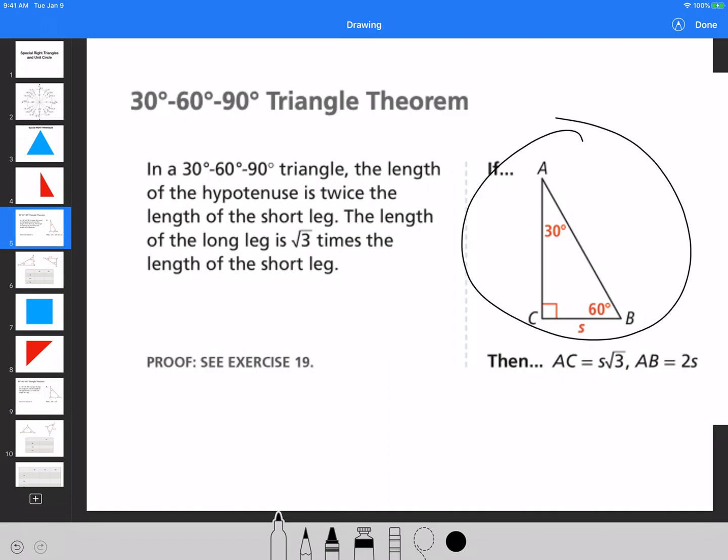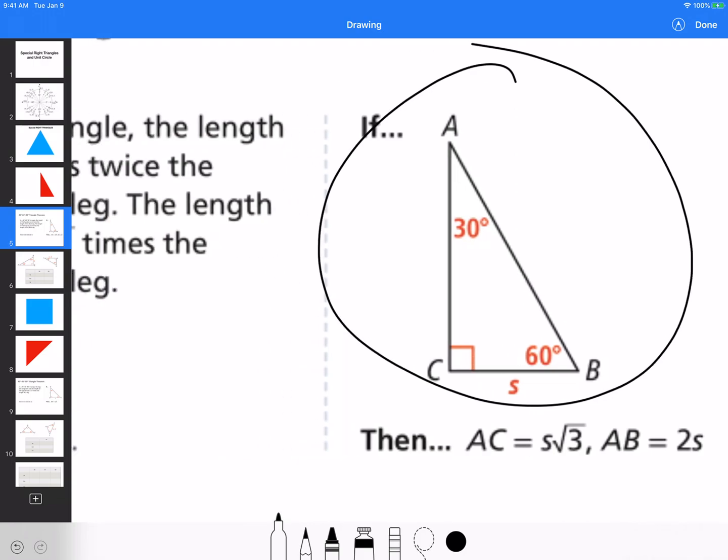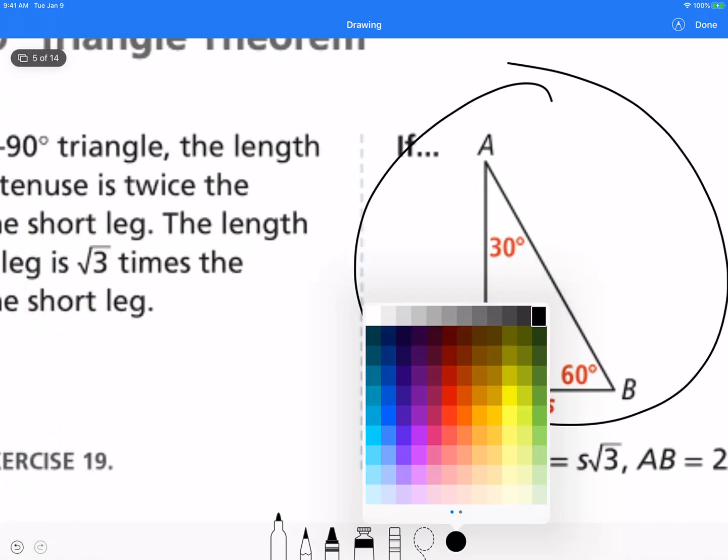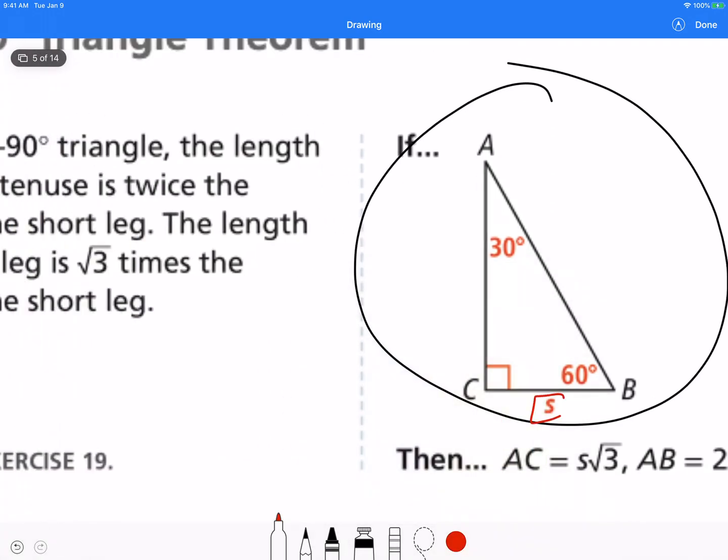So if we have any special right triangle on the right hand side, and we call this length right here S, that's opposite from 30, the side that's facing the angle.